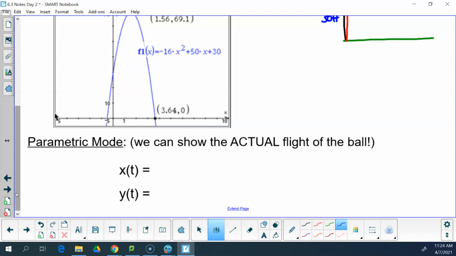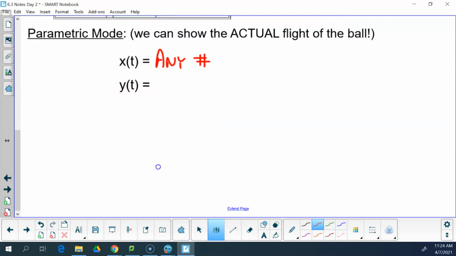It's going straight up and coming straight back down in the same spot. So we can put any number there. I don't care what number you pick. In your Y one, you're going to put your function, except now it's going to stay with the t values.